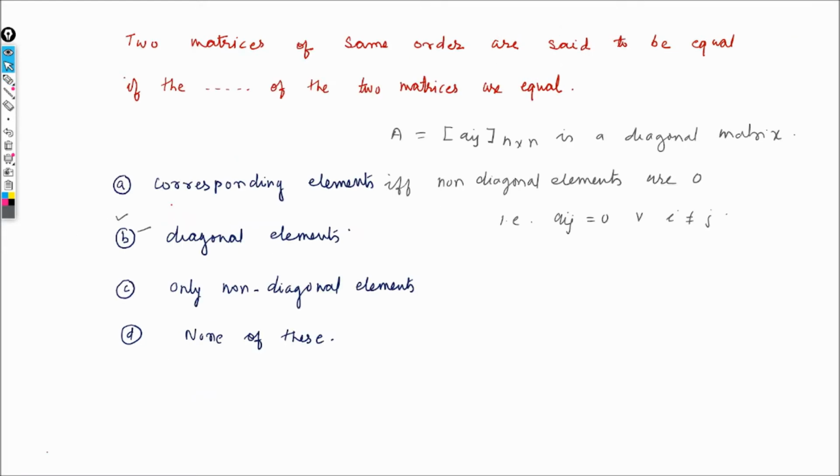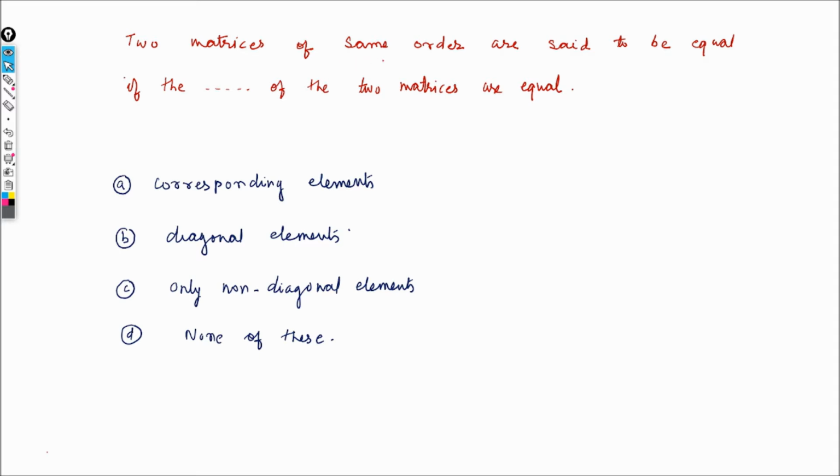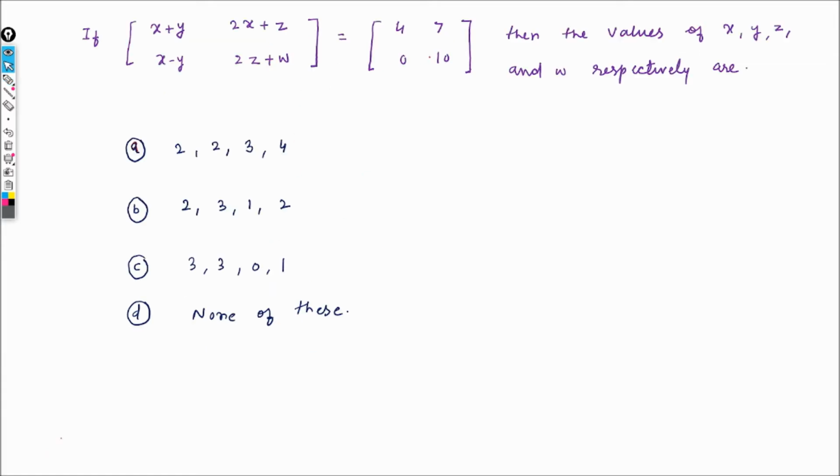Two matrices of the same order are said to be equal if and only if corresponding elements of the two matrices are equal. So two matrices are equal here. We have to find out the values of x, y and z.